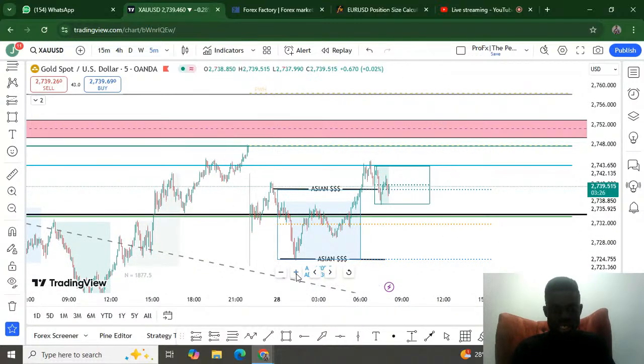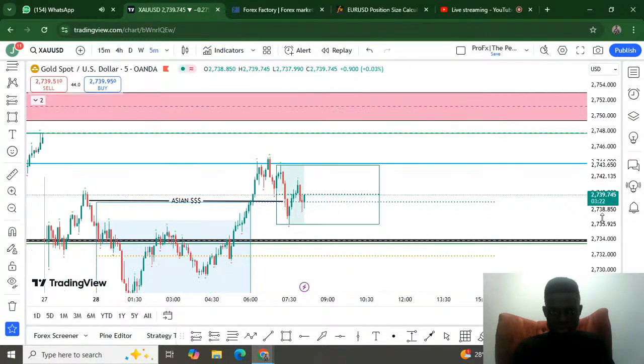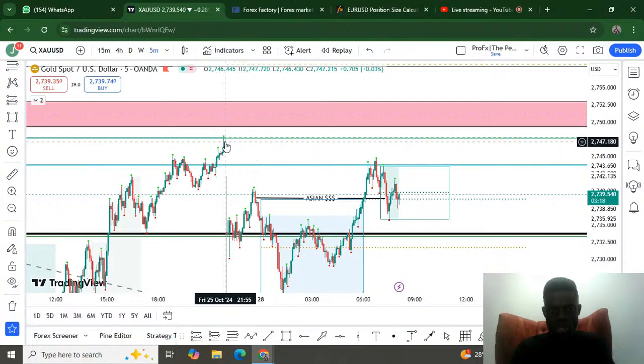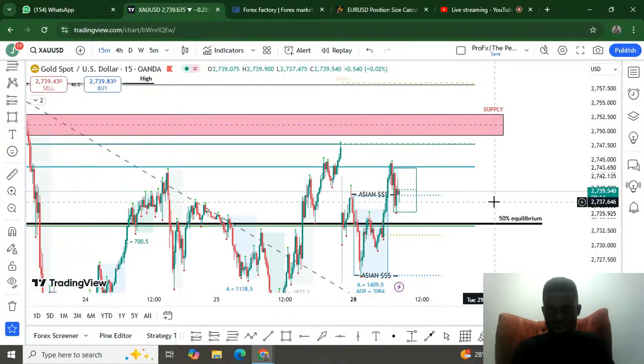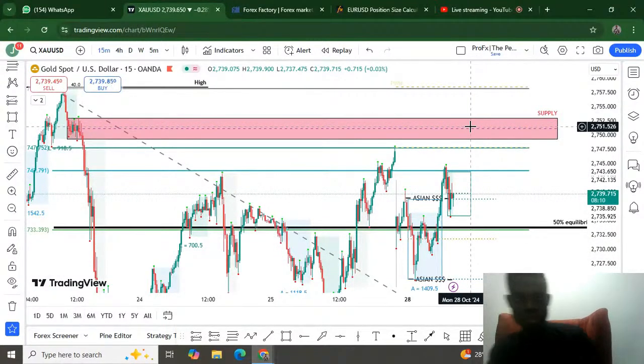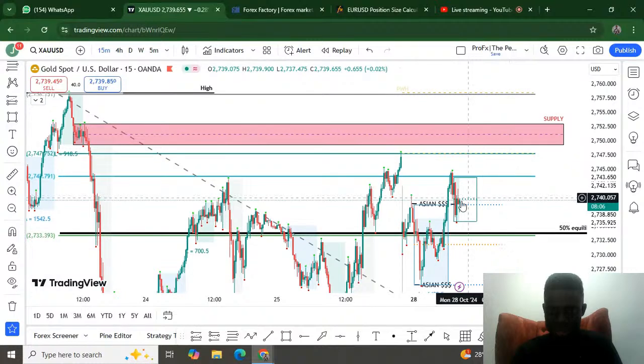There's a high chance that London will hold these buys to take out this liquidity into the supply and sell on gold. So I'm expecting my sell here. It's safer for me to sell here.